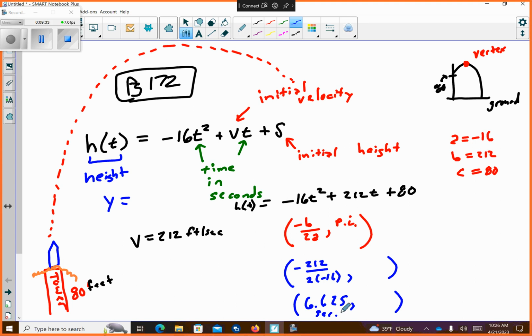So at 6.625 seconds after this rocket has been launched off the top of an 80-foot building, it got to its highest point. So think about what, if you were to launch a rocket, this is basically how long 6.625 seconds would be. Ready? And go. Rocket's at the max.